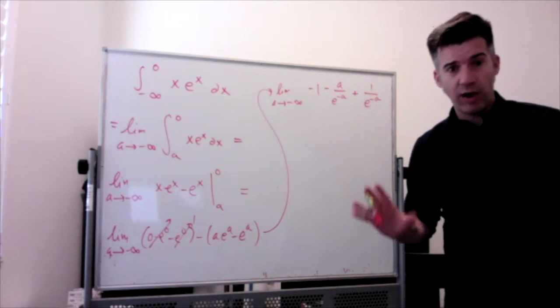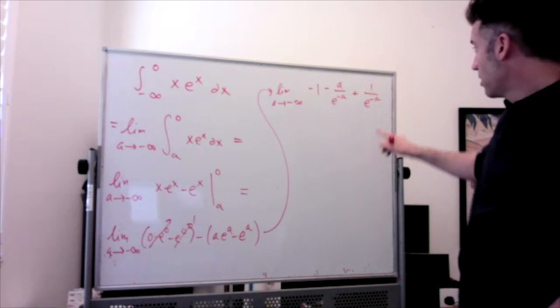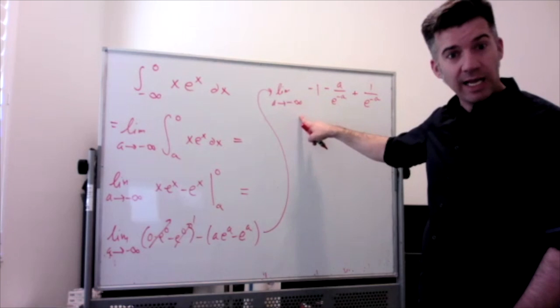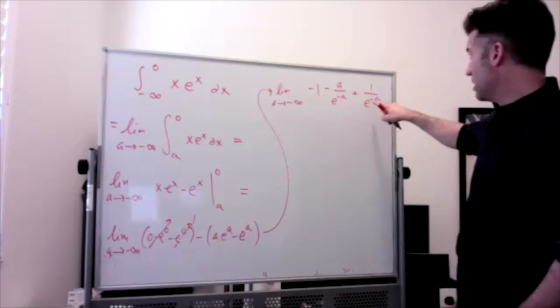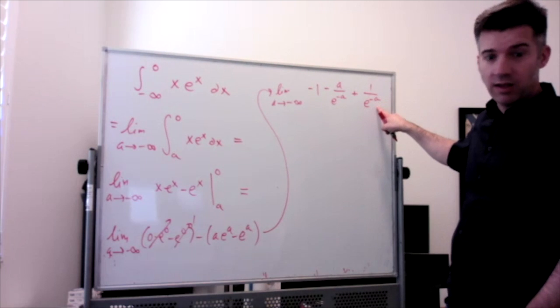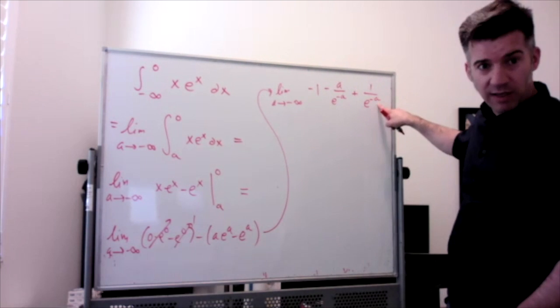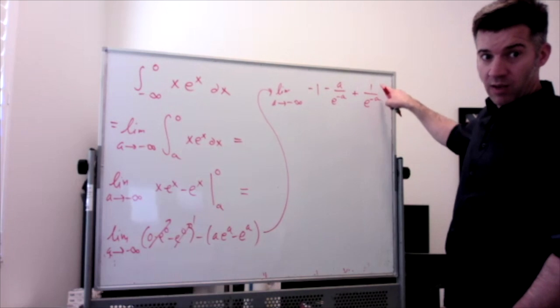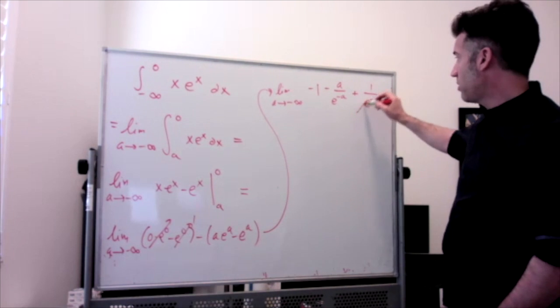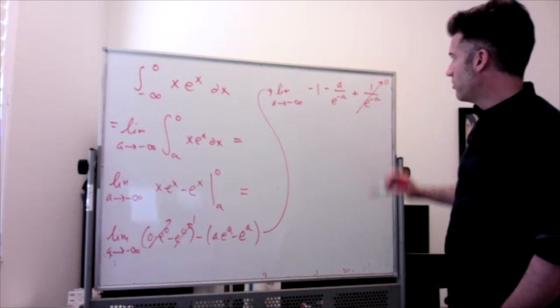So I want to be super extra clear about this: 1 over e to the negative a, a is going to negative infinity. Negative infinity, that's going to a positive infinity. e to a really big number is a really big number, and 1 over a really big number is going to 0. So this part's going to 0.